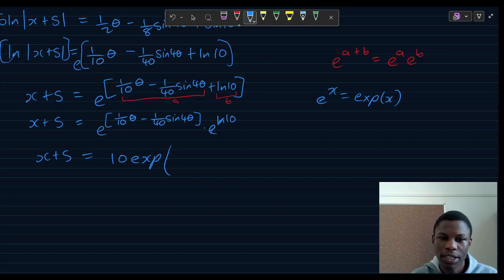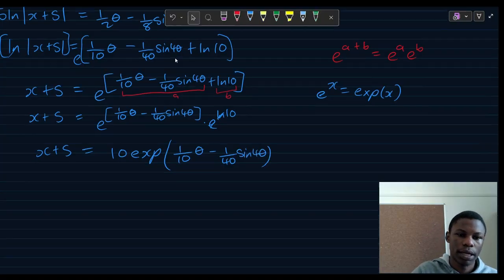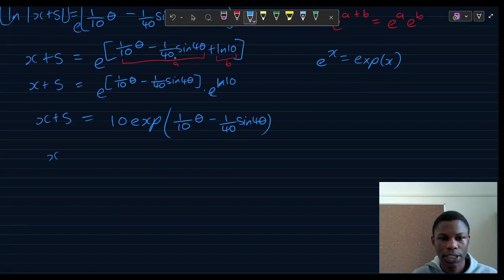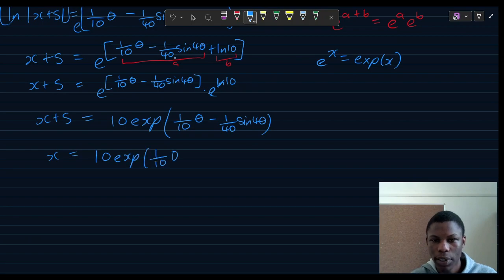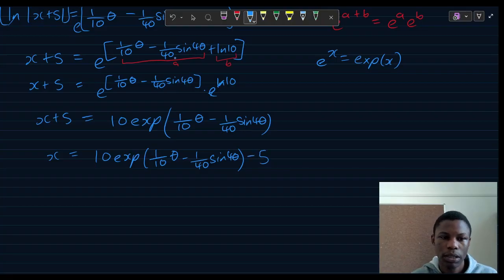So 10 times the exponential of 1/10 theta minus 1/40 sine 4 theta, and subtract 5 from both sides. So x is equal to 10 the exponential of 1/10 theta minus 1/40 sine 4 theta, and that is minus 5. And that there is the solution to our DE. Number 7.